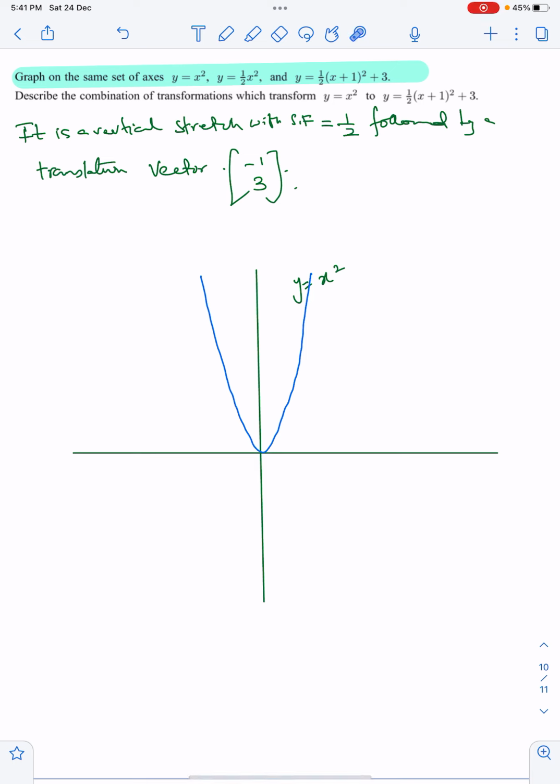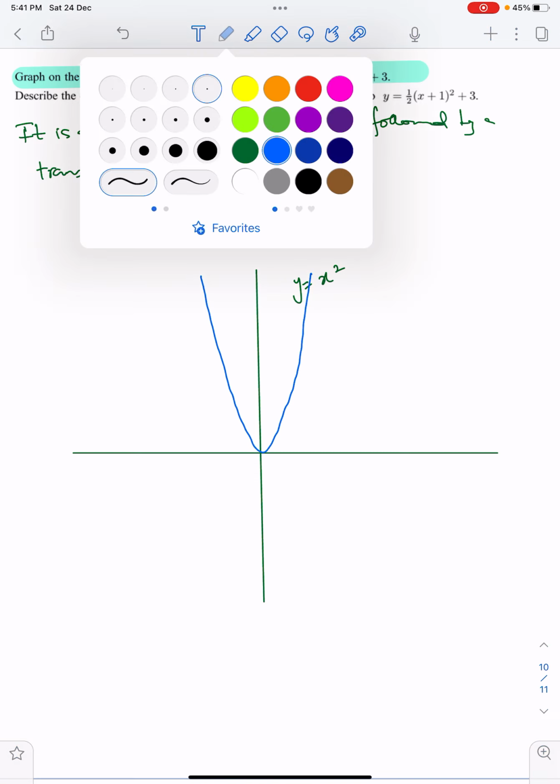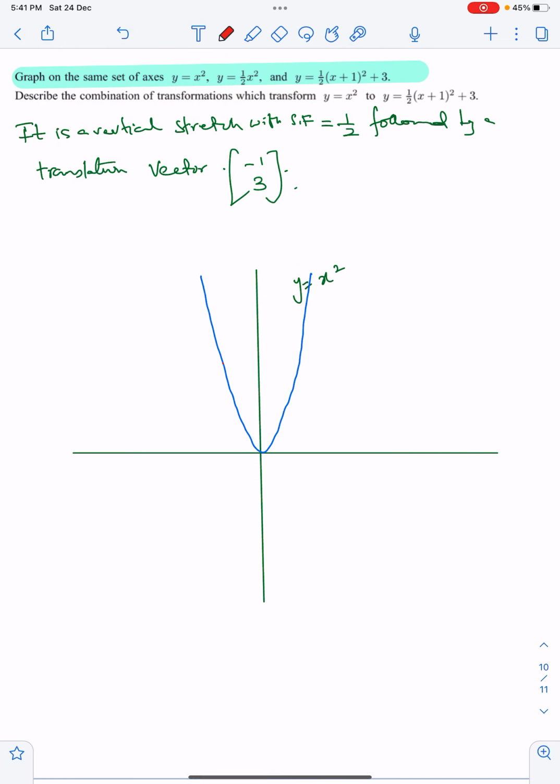That means every distance will be half. So it's going to be somewhat like this. This is the graph of y equals half x square.